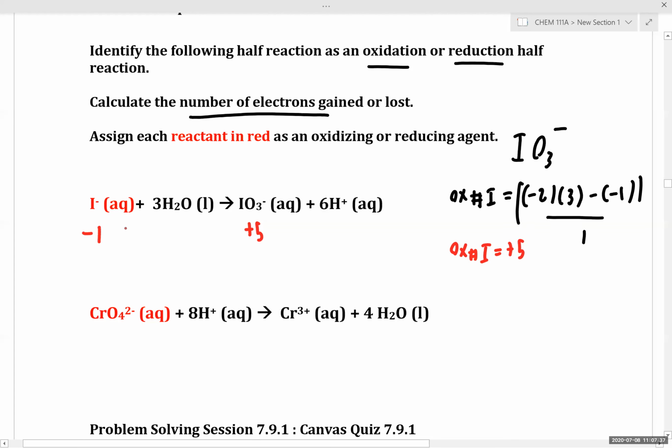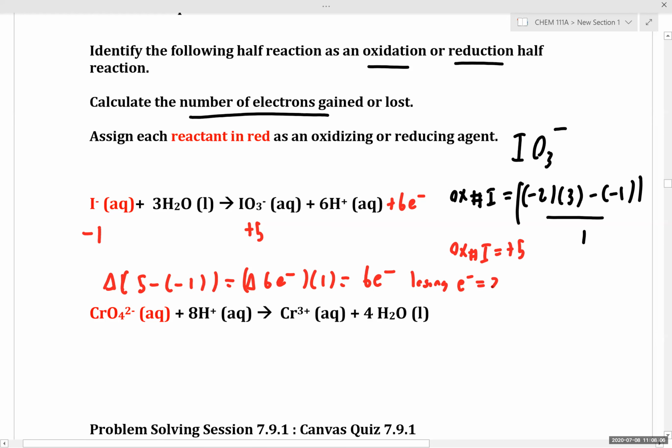So we went from -1 to +5. So our delta is 5 minus -1. So our delta is 6 electrons times 1 iodine. So we have 6 electrons. And as our oxidation number is increasing, we are losing electrons. And if we are losing electrons, that in turn means that we have an oxidation reaction.